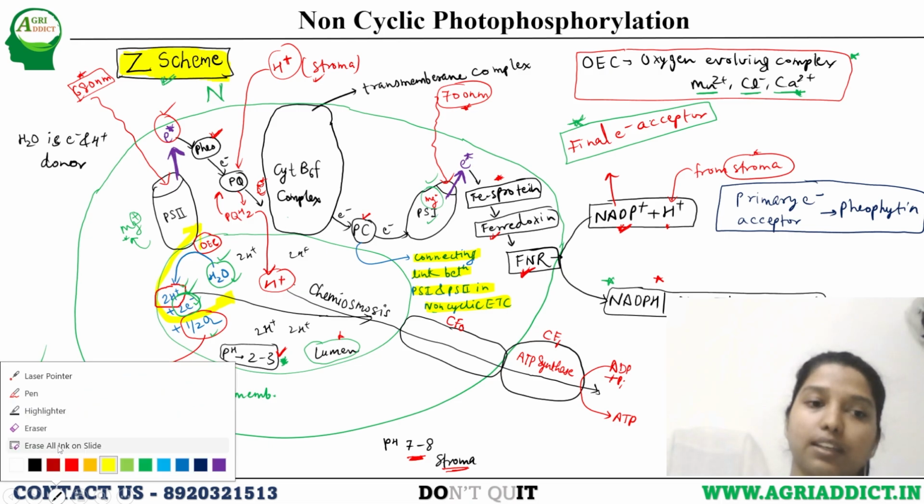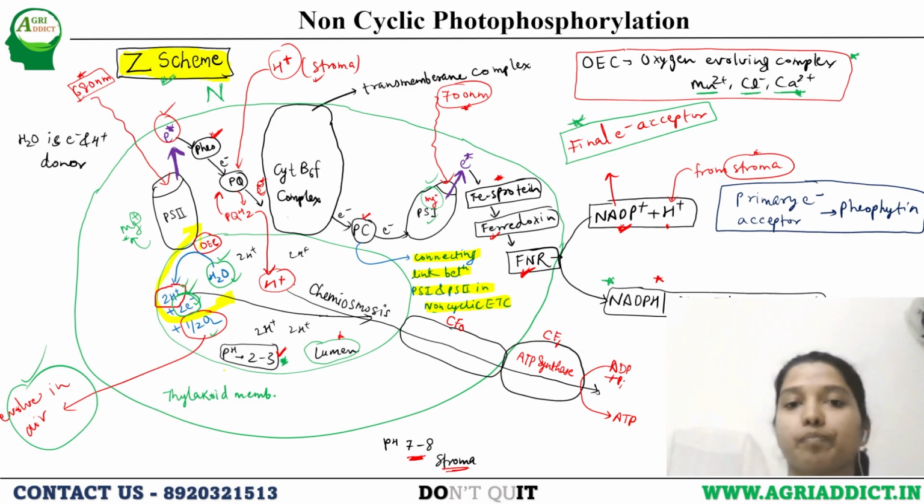That is plastocyanin. Now comes the chemiosmosis. You have understood how the electron is getting transferred and how the NADPH2 is formed. So this you remember. Now comes this chemiosmosis.